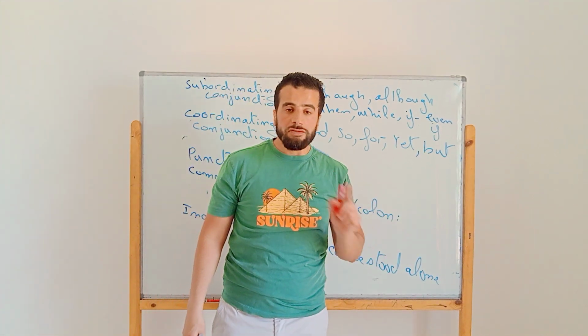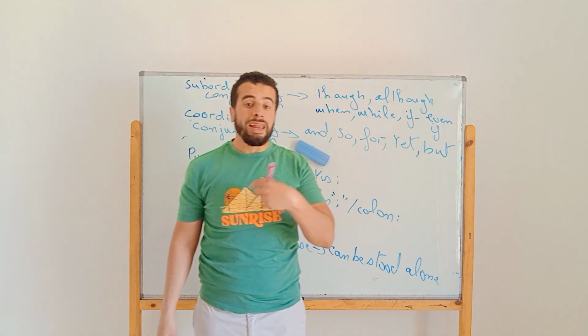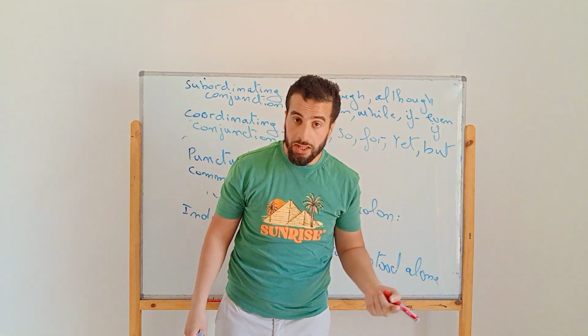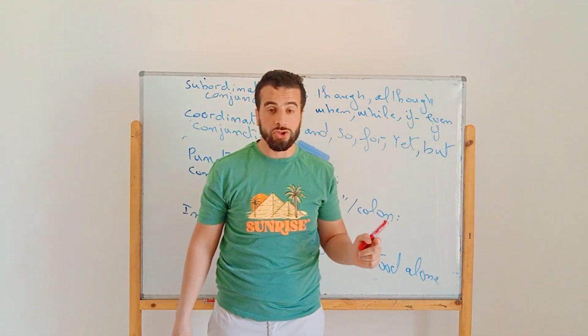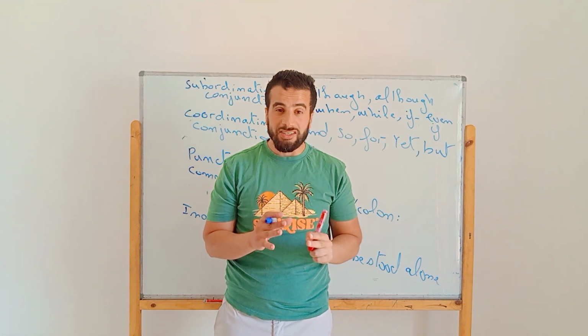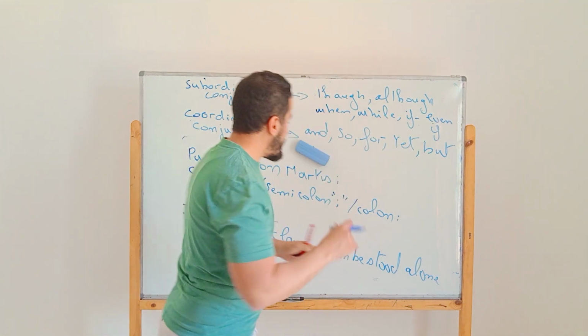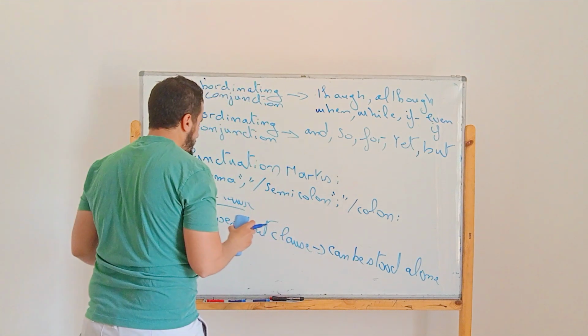So I will just give you an example to clarify when to use a semicolon and when to use a comma and etc. I will give you sentences so that you can understand. The first thing is we start with a comma.